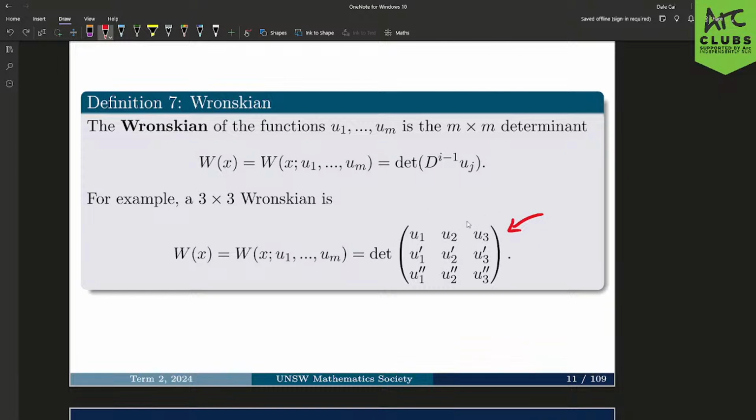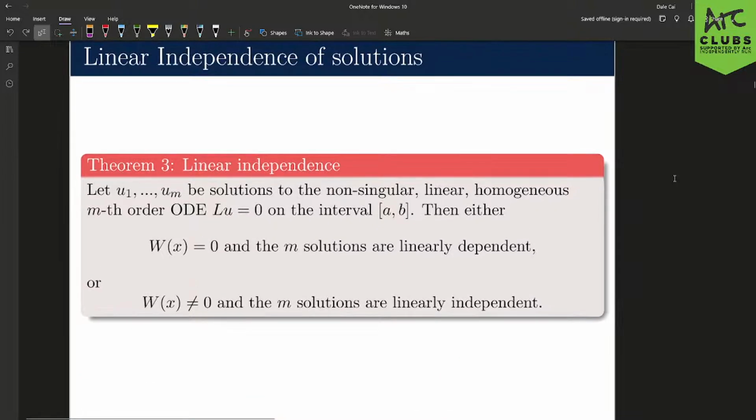Okay, so this might seem a bit random, but it does have some nice properties, and those nice properties are worth how random this seems. So there's a relationship with linear independence. If we have a non-singular linear homogeneous mth order ODE, so just non-singular Lu equals 0 over a to b, then either the Wronskian is 0 and the solutions are linearly dependent, so that means they're not linearly independent, or it's not 0 and they are linearly independent.